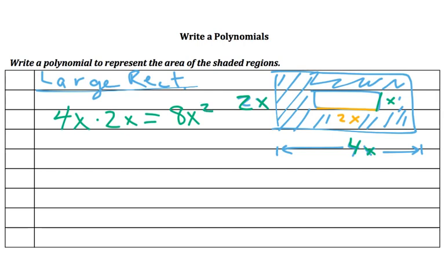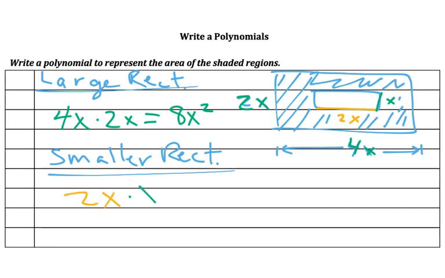But then when I look at the inside rectangle, it's smaller, so I'll label this as the smaller rectangle. And actually I misspoke, this one's actually not as crazy as I thought it was. The smaller rectangle has a length of 2x times x for the width, and I'll get 2x squared.